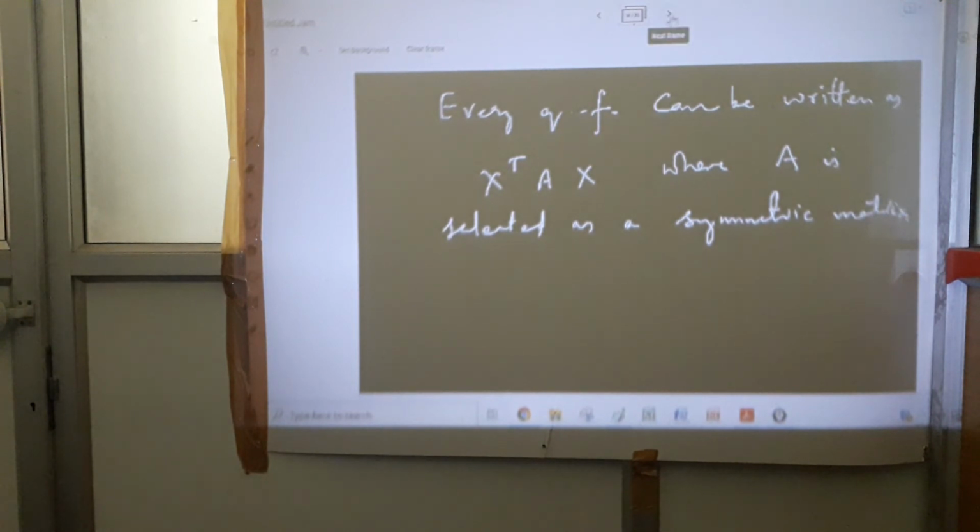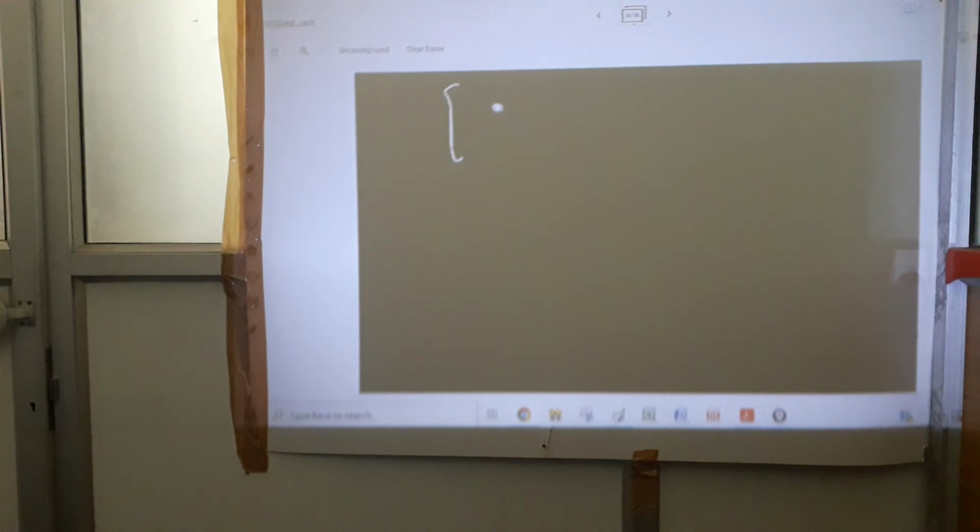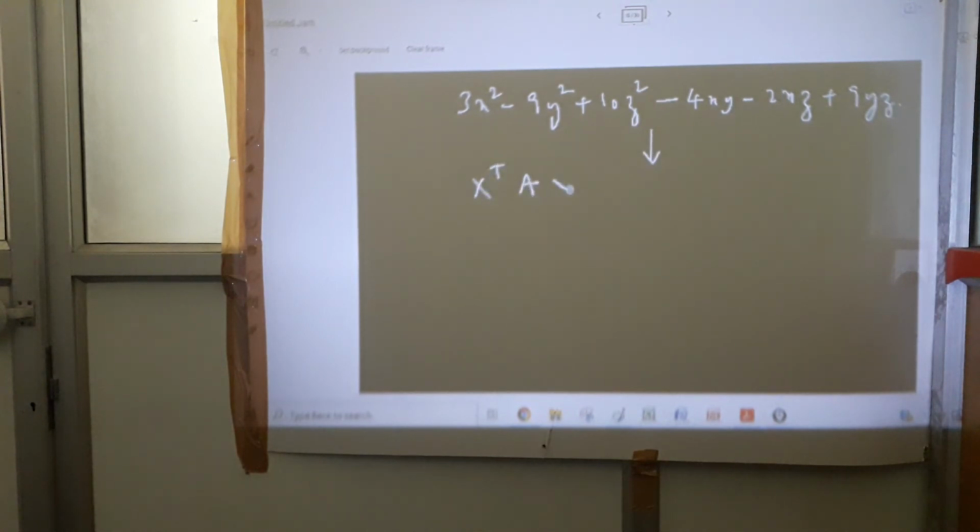Now, how to write the matrix of the quadratic form? That is a very important issue now. For example, we have 3x square minus 9y square plus 10z square minus 4xy minus 2xz plus 9yz. Now, we have to write this as X transpose AX, where this X will be X, Y, Z, which are the names of the variables.